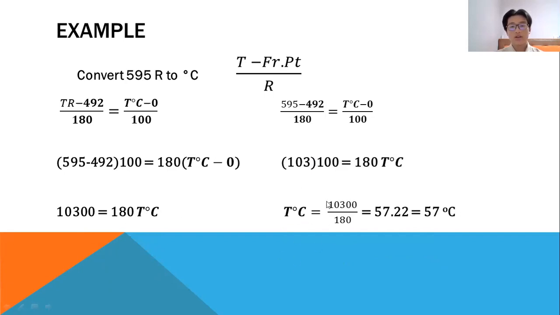Now we find the temperature of Celsius by dividing 10,300 by 180. We get 57.22. Now we round it to 57 degrees Celsius. Why? Because this whole question uses whole numbers, so it is mandatory for us to round to a whole number.